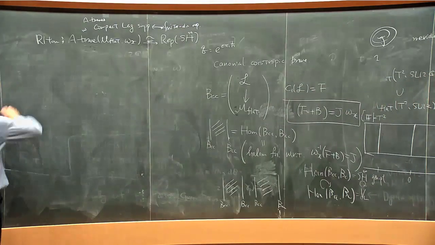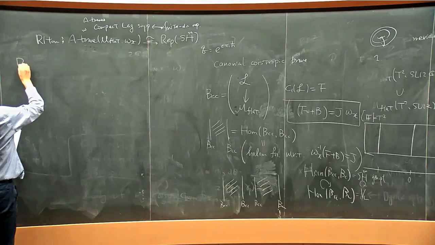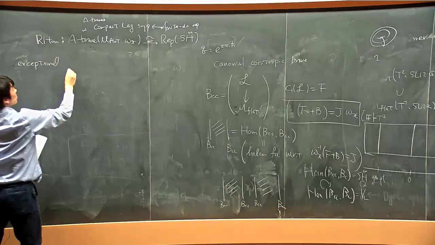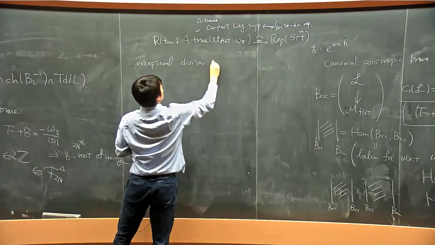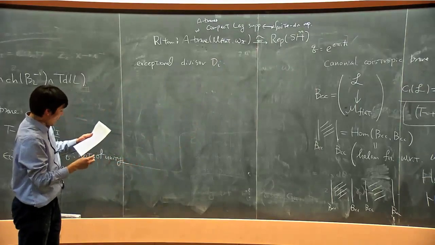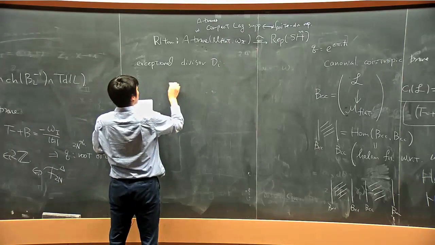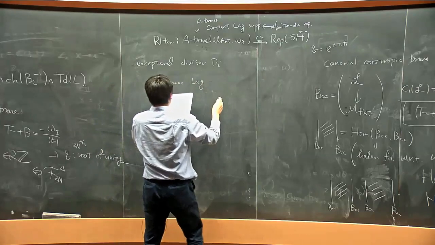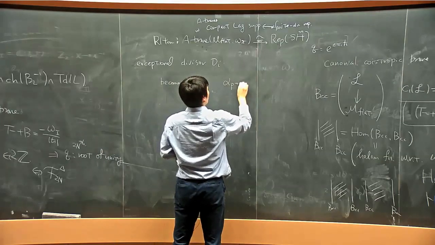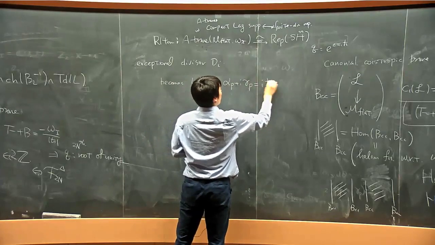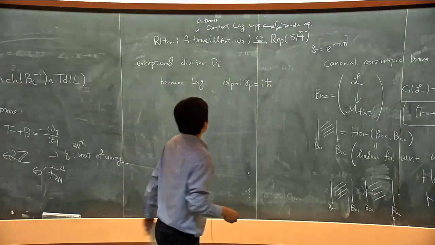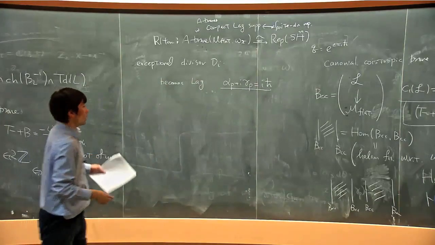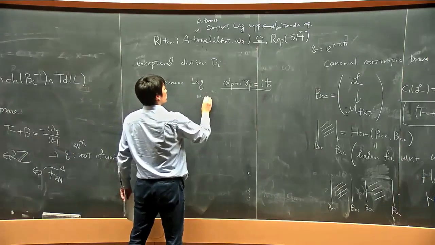For instance, let's look at the exceptional divisor D_i. This D_i becomes Lagrangian only when alpha_p plus I gamma_p is equal to I h bar. So when this ramification data satisfies this condition, it's Lagrangian with respect to omega_X.